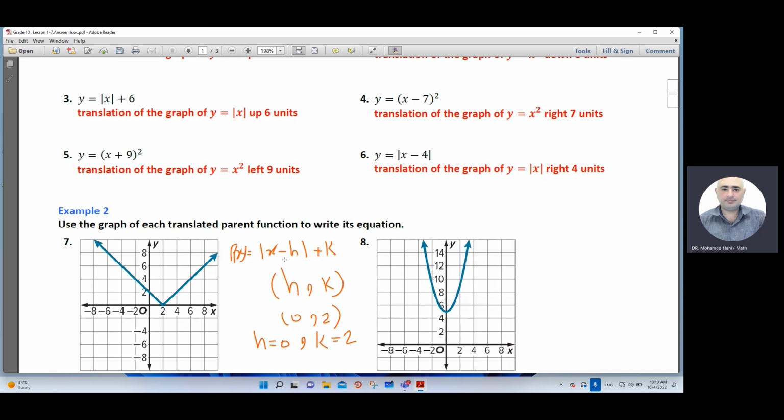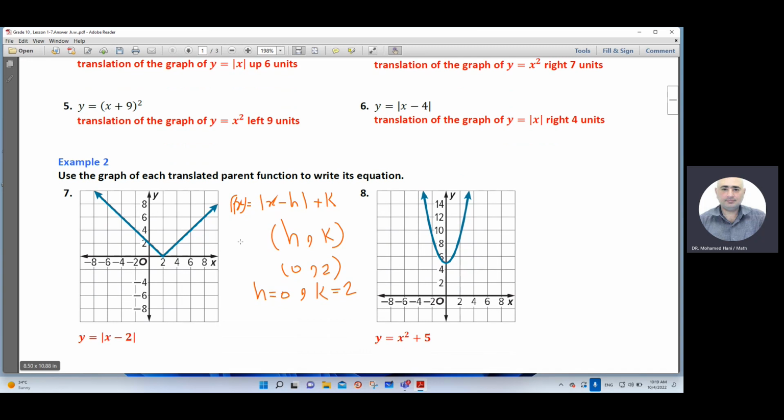inside the equation. So as you see, f(x) or y, absolute value, then this is x, this is minus. What is the value of h? Sorry, here the opposite. Here on the y-axis we have 2. This is the intersecting point.